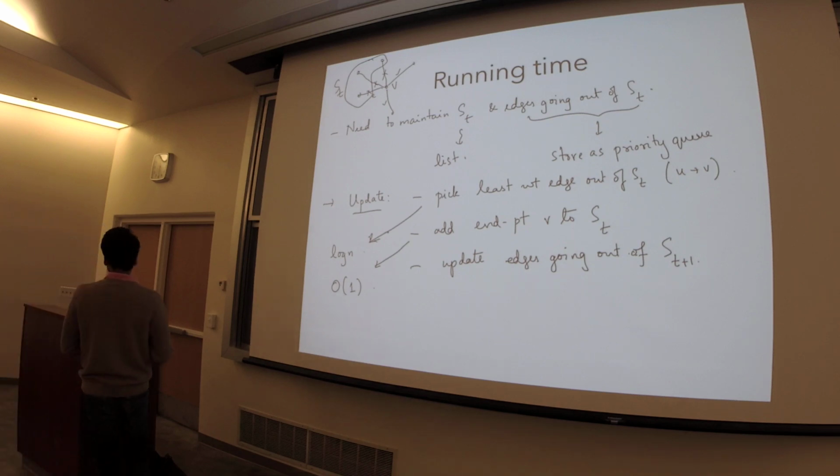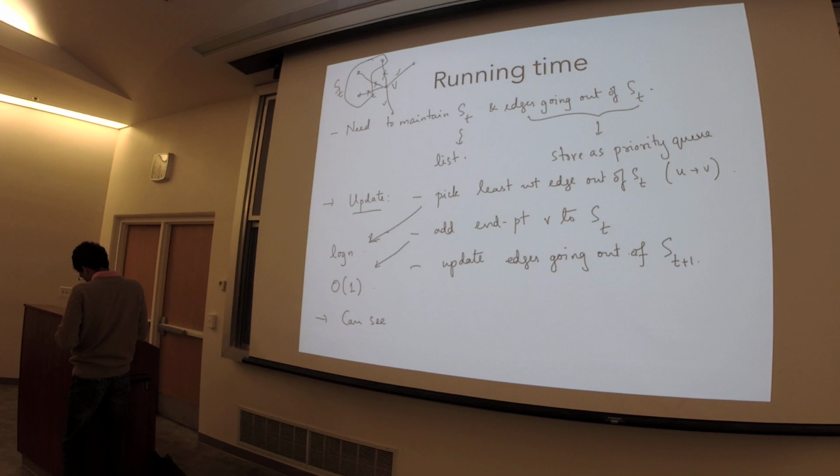All right. So this is essentially what you have to do, and what you can show is that this operation, let's call this star, takes time equal to degree of v times log n.